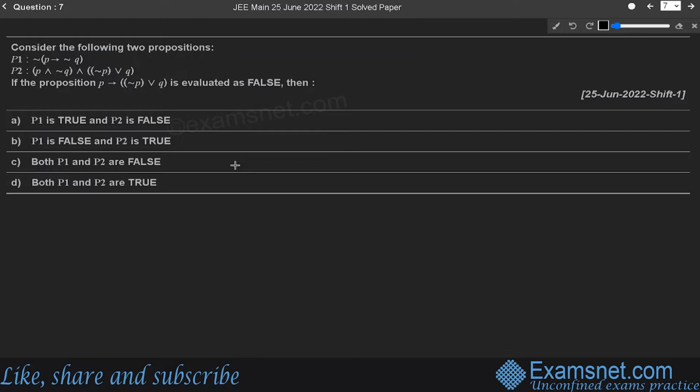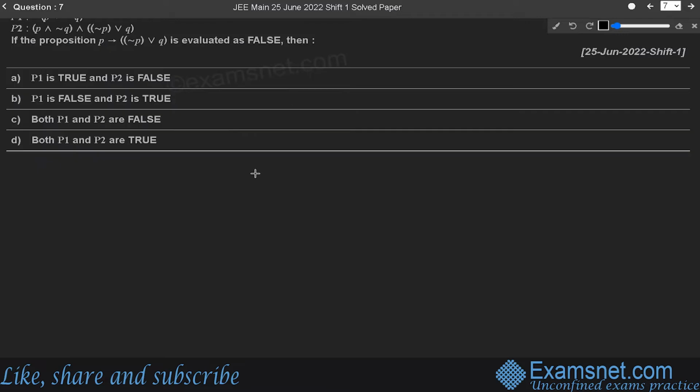Next question is, consider the following two propositions, P1 and P2. P1 is negation of P implies negation of Q, and P2 is P intersection negation of Q intersection negation of P union Q. If the proposition P implies negation of P union Q is evaluated as false, then we have to calculate which of the following statements is true.